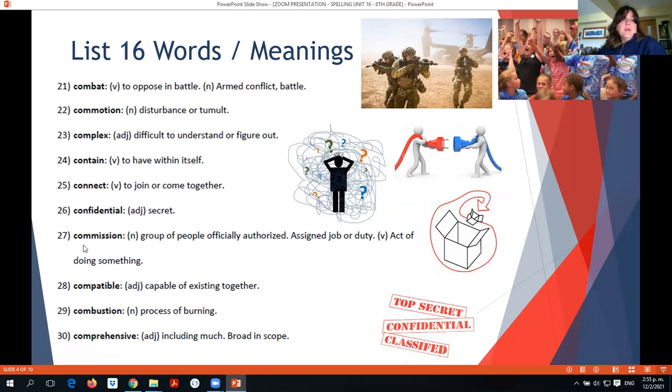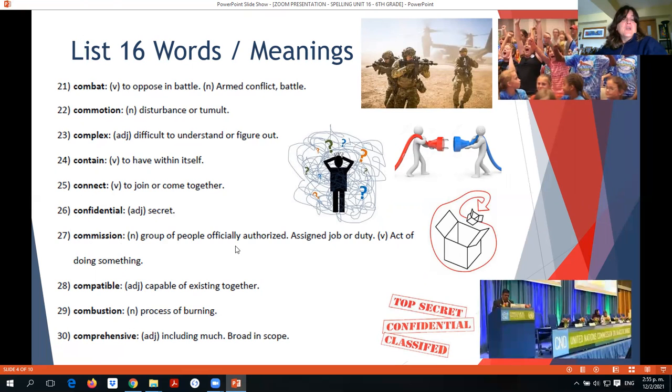Number 27, commission, prefix com, is a group of people officially authorized or assigned to a job or duty. For example, the UN, the United Nations, has a lot of commissions, and there are some commissions dedicated to the environment. They have some commissions dedicated to studying the impact of drugs.